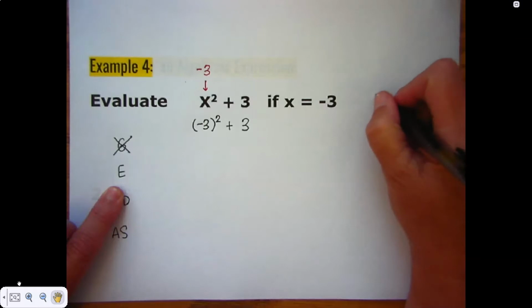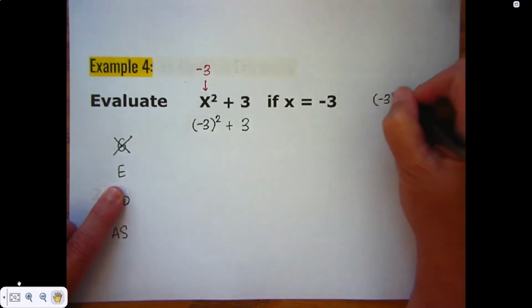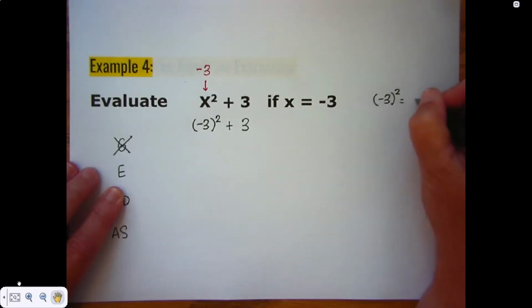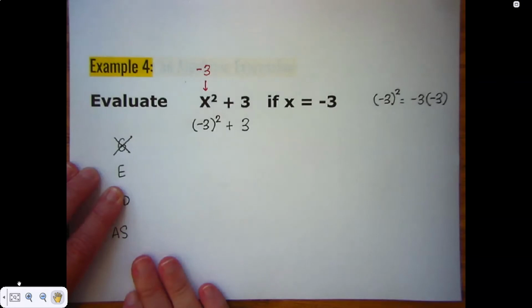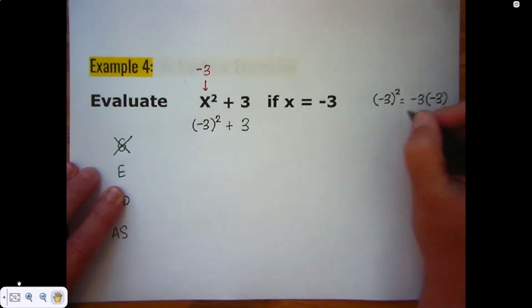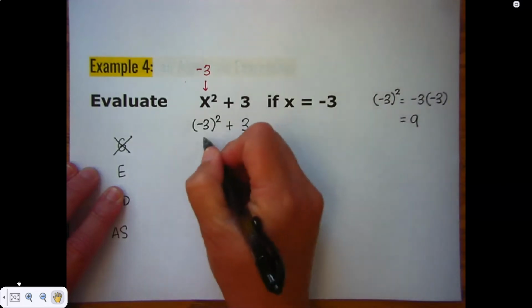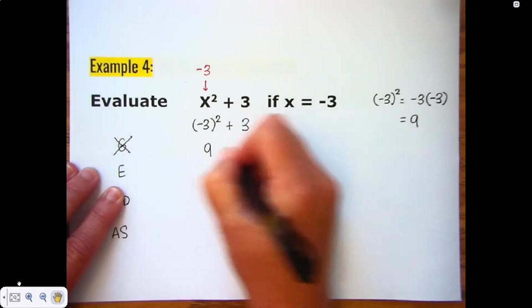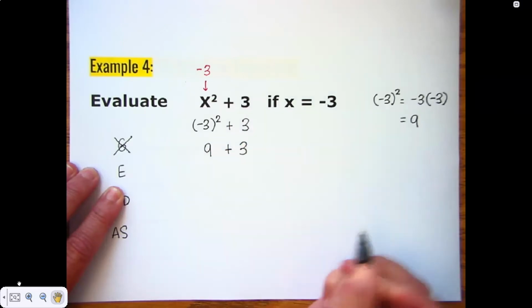So I need you all to remember that when we see -3 squared, that means we're going to do -3 times -3. And -3 times -3 is a +9. So when we do -3 squared, we should get a +9 plus 3.